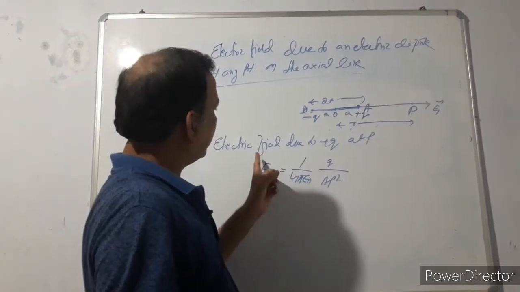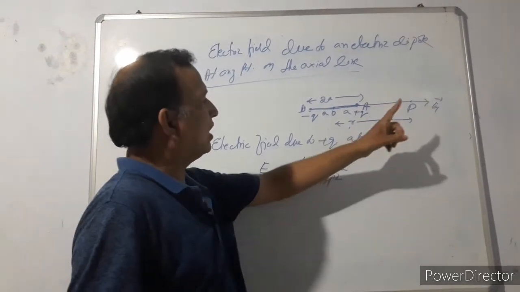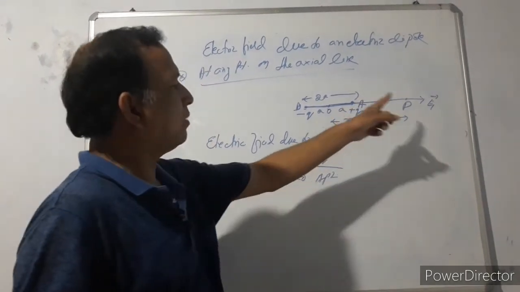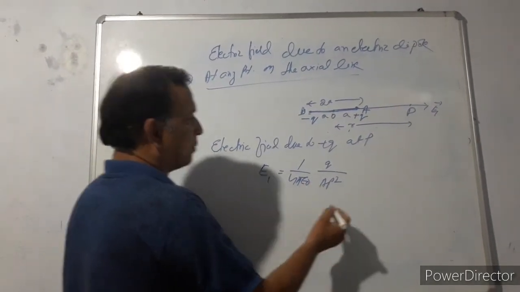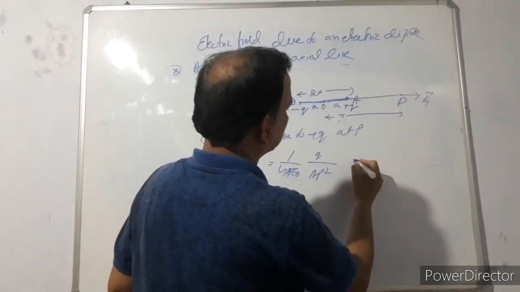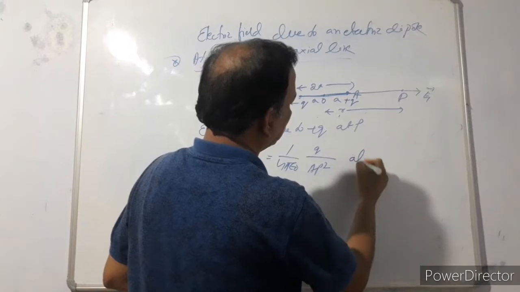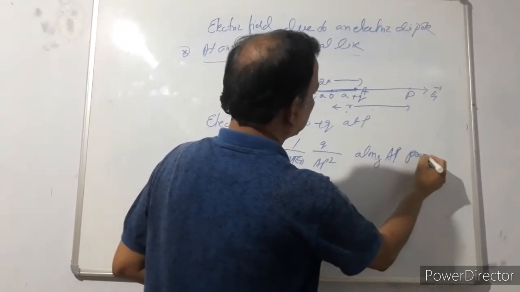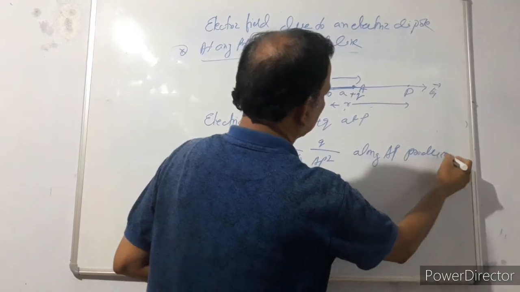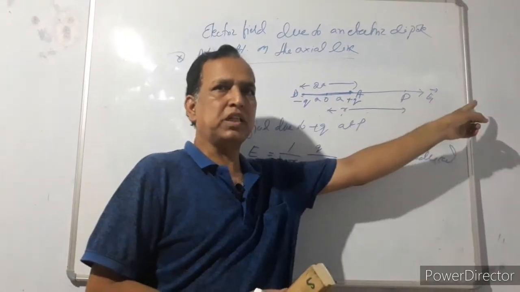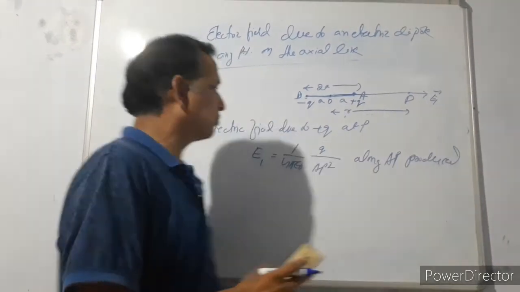Now the electric field at P due to the positive charge, the distance is AP. Direction is along AP produced. That is the direction, AP produced.